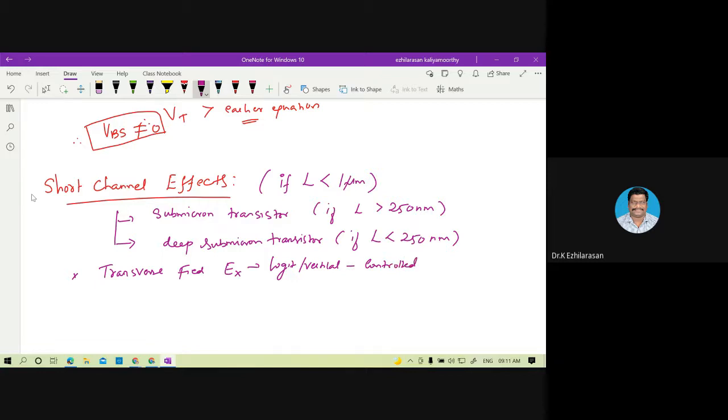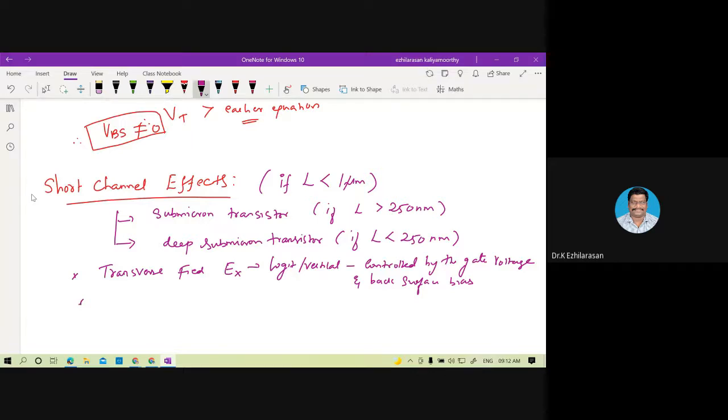It is controlled by the gate voltage and back surface bias. Always remember, EX is a vertical field.